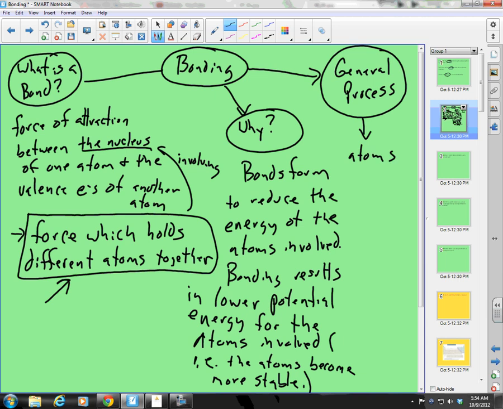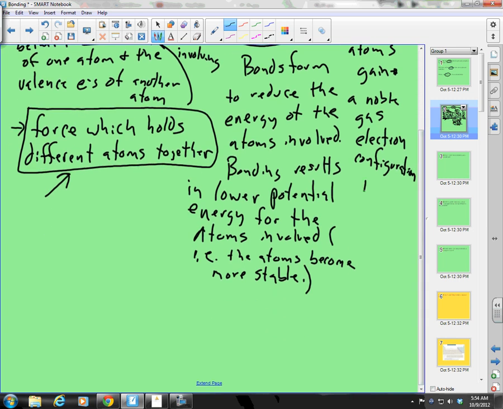Atoms gain a noble gas electron configuration, and how do they do that?